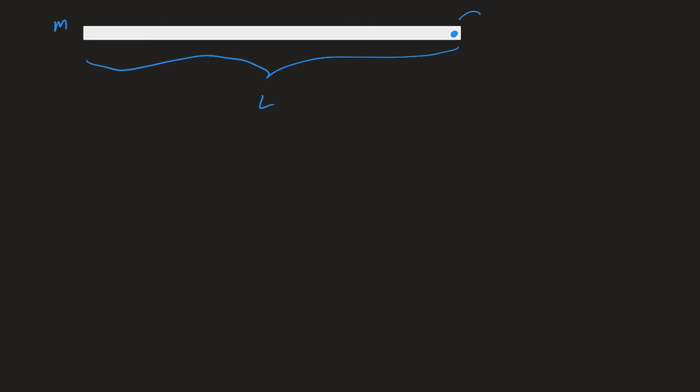I have created a pivot point at the end, which means its moment of inertia is 1/3 mL squared. I release the end of the rod.